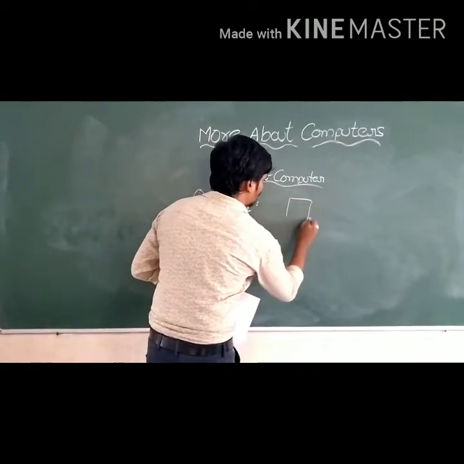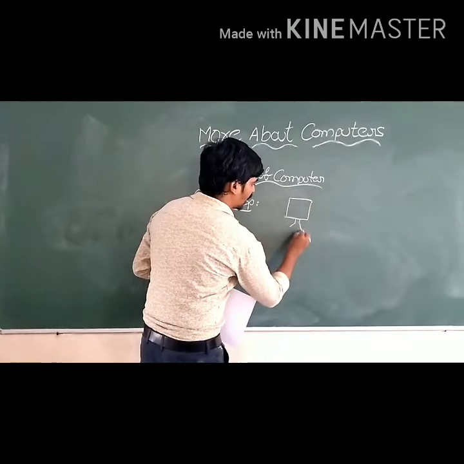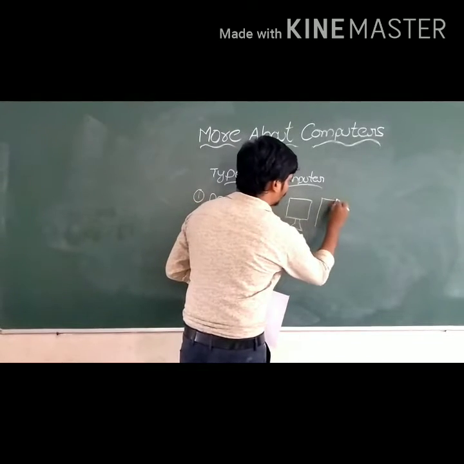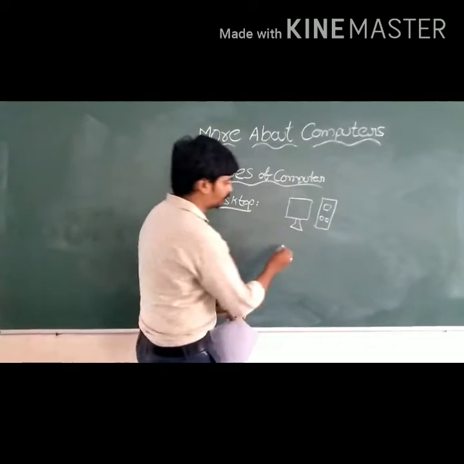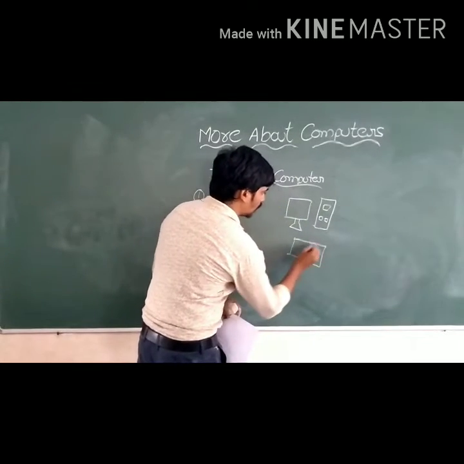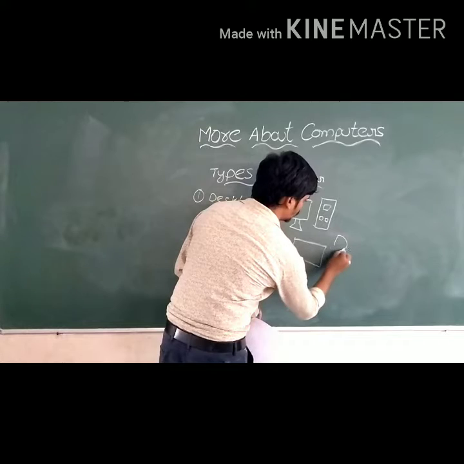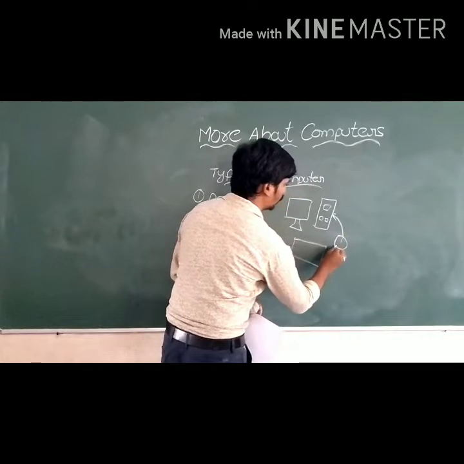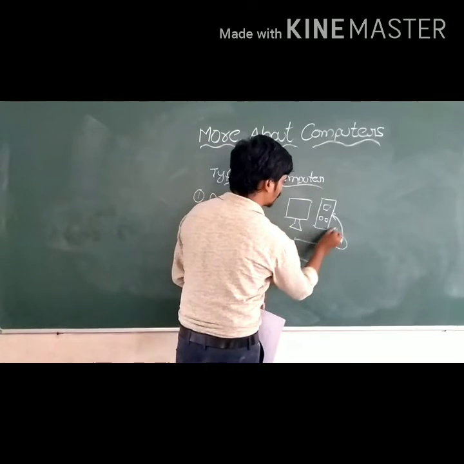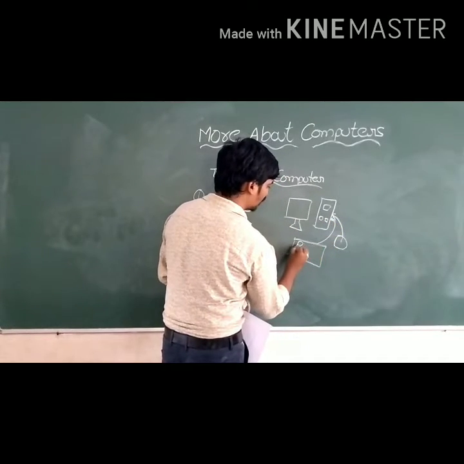This is a desktop computer. I will draw the diagram. You observe the diagram. Keyboard and mouse: you connect the mouse to the CPU. Keyboard also connects to the CPU.